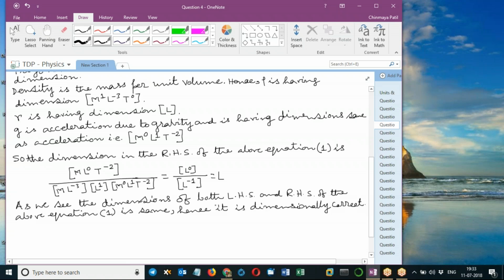Dimensionally correct. Okay. Now the point is, what does this formula mean? So let me also write it down.